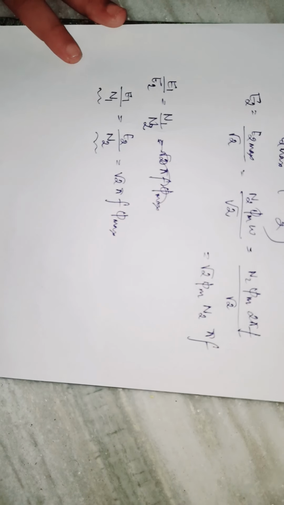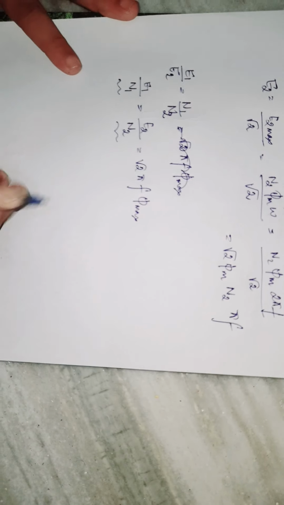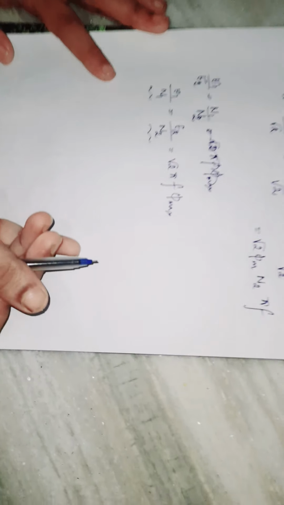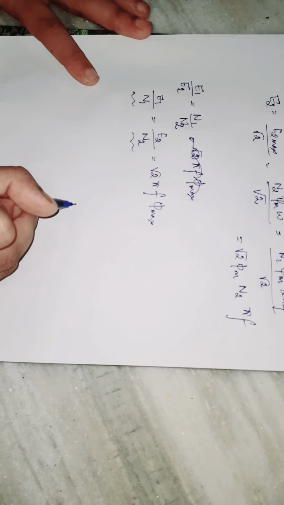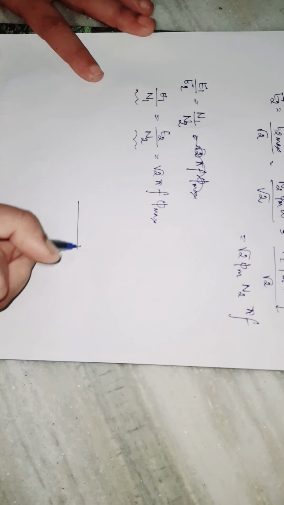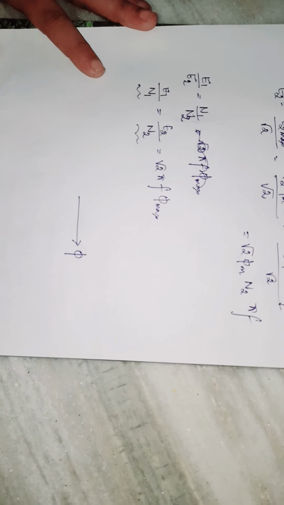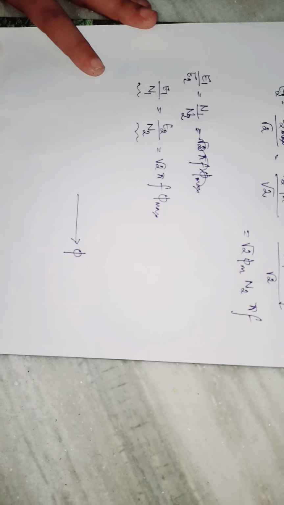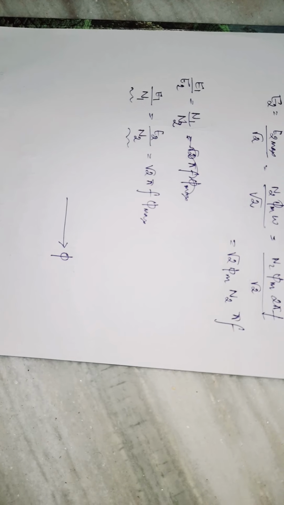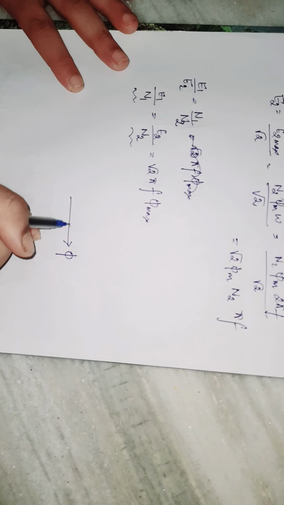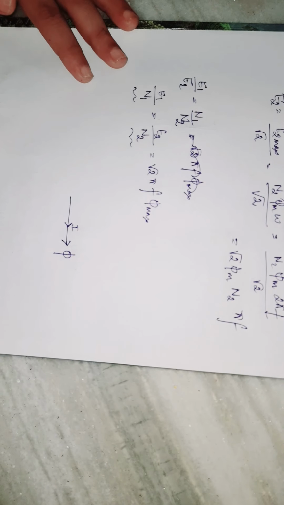Now let's draw the phasor diagram. The phasor diagram is very simple because it's the ideal case. As I told you from the beginning of the lesson, phi is our reference point. So we'll first draw phi as our reference, and with respect to that we will plot the others. I told you that the current produces this flux, and both are in sync.